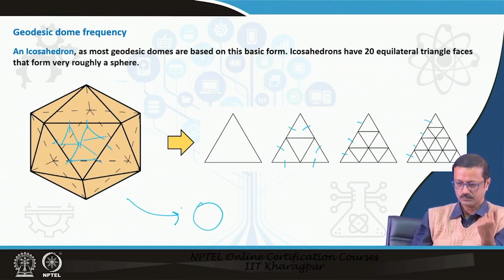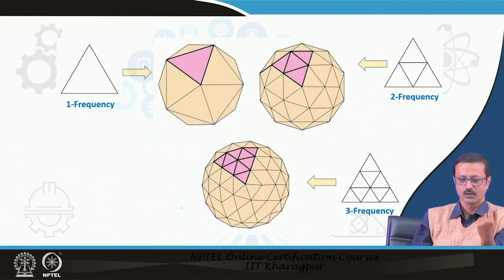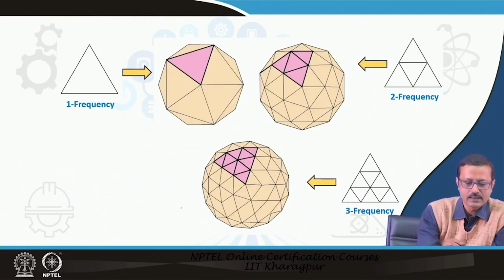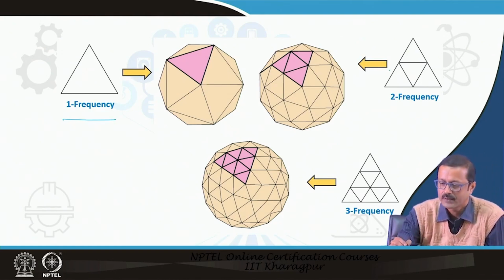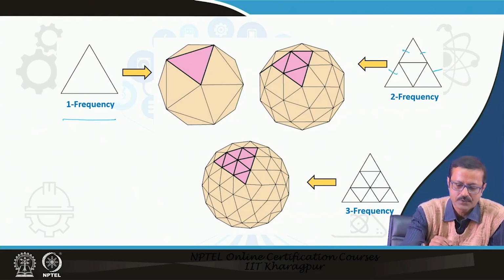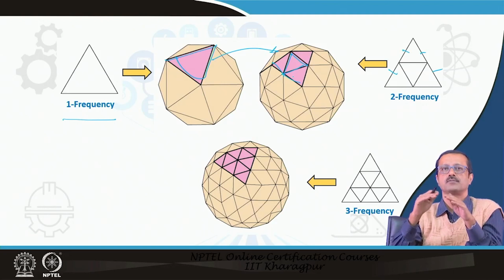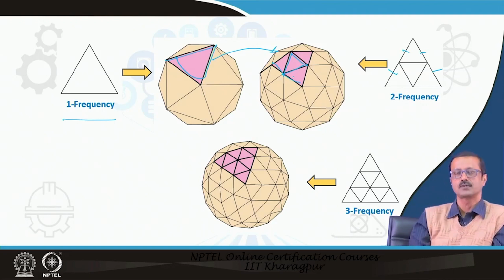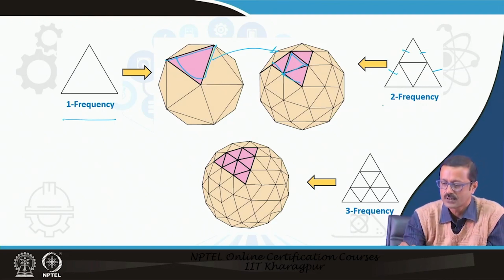If you go with only the one unit of icosahedron, then it is the one frequency. But if you divide that by 2, and that same space is now divided further by 2, and you are smoothing that triangular part, it is 2 frequency.